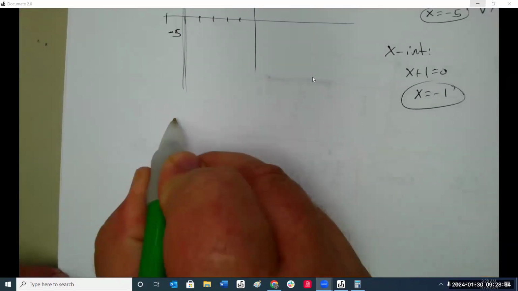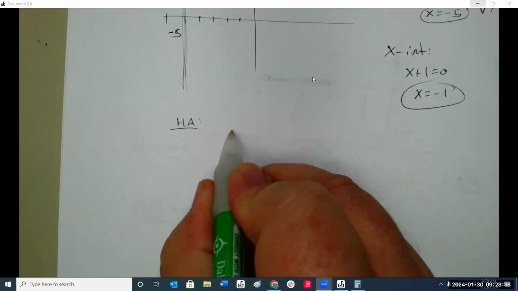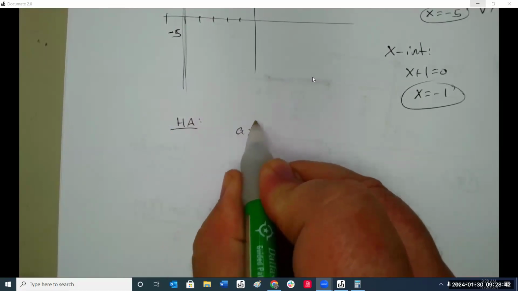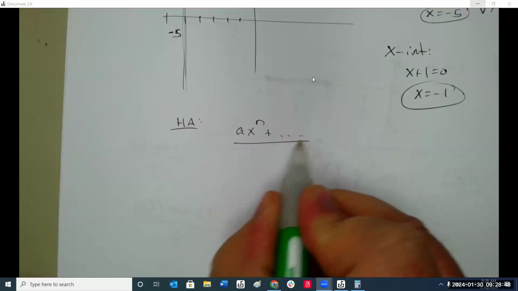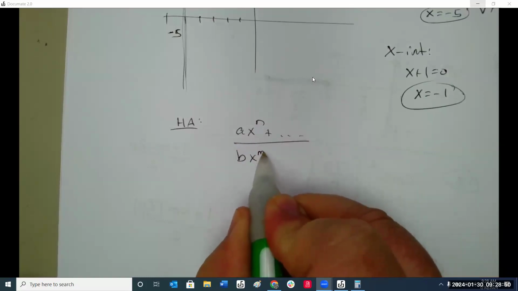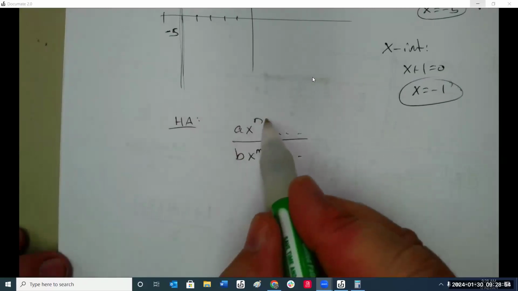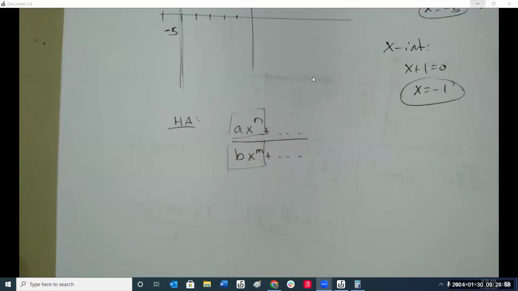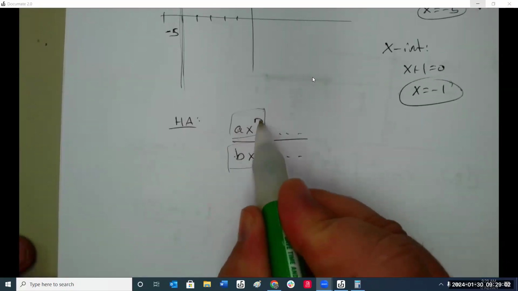The horizontal asymptote. Remember, whenever you have a rational expression, it's always the leading terms that will dictate the shape, the direction, and solutions. You have their coefficients and you have their exponents.